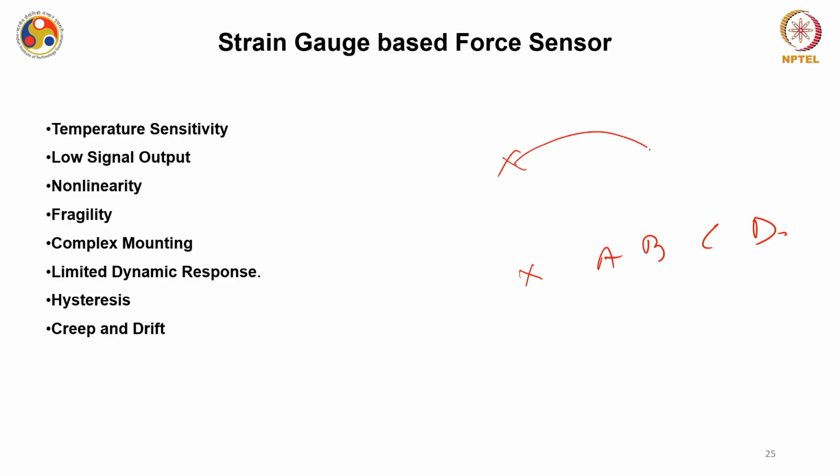X can only be deposited at the surface C, and it cannot be deposited at A and B as well as D. It will simply peel off at the surface of A, it will not stick to the surface of B, or it will simply peel off from the surface D as well. So, the mounting of this thin film based strain gauge force sensors is not easy. The mounting is actually complex.